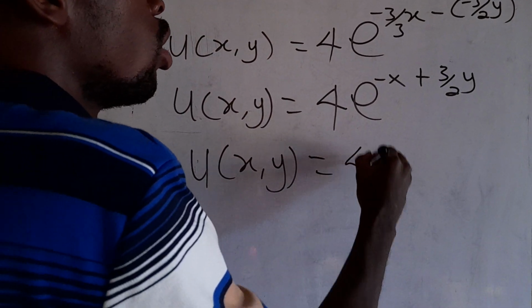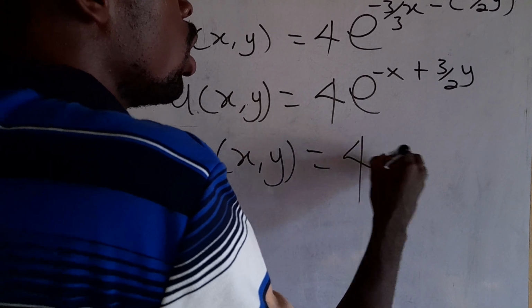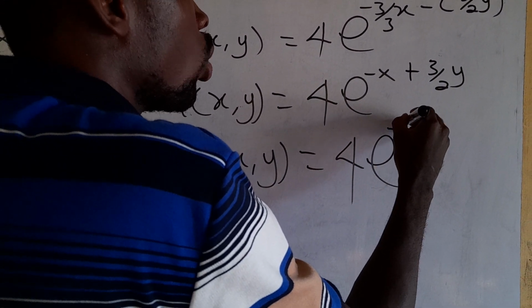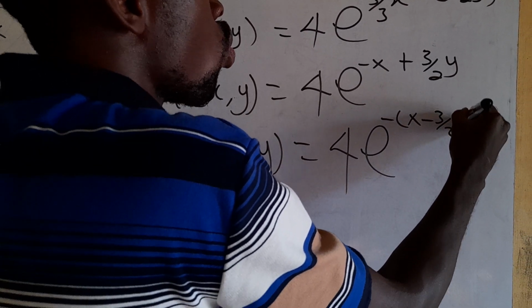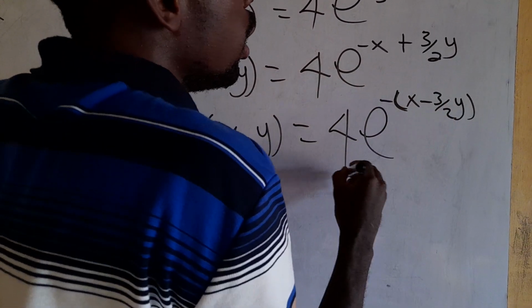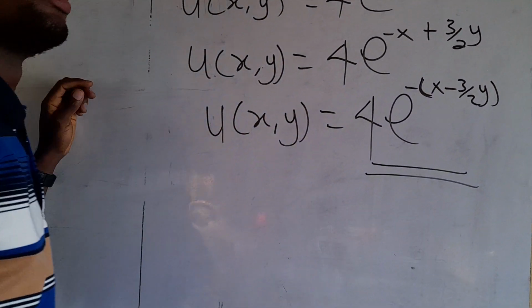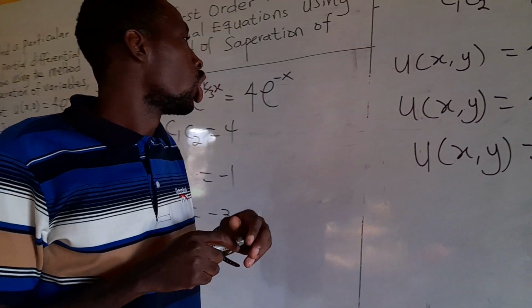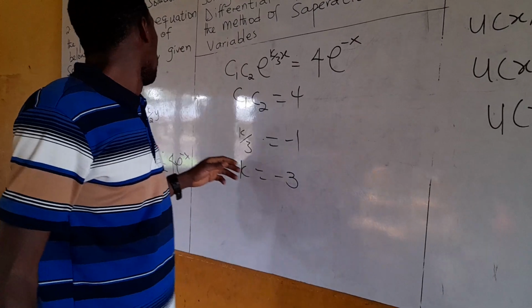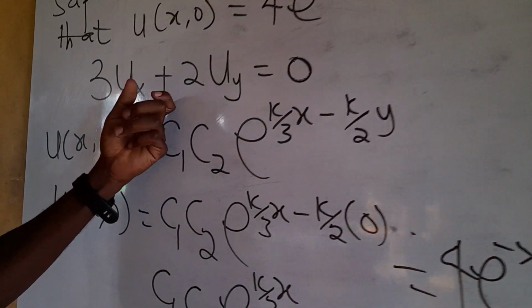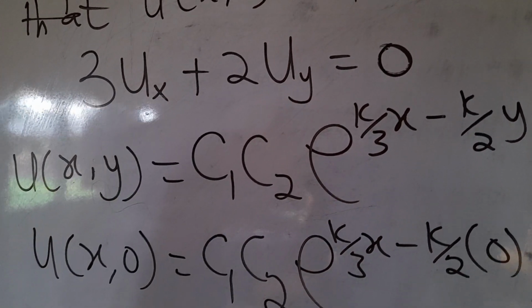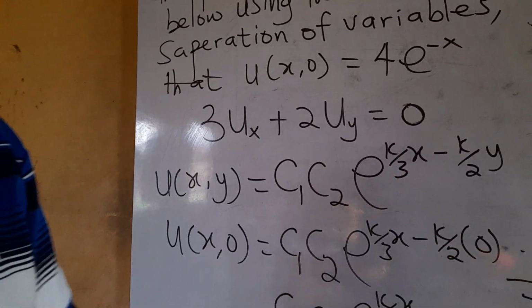As for e exponent, I'll put the negative out. Then I'll write x minus 3 over 2y. Then this becomes the particular solution to this first order partial differential equation using the method of separation of variable.